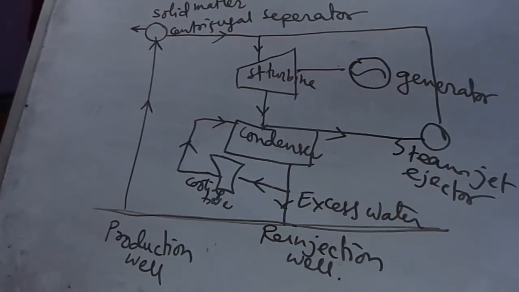The resulting warm water is circulated and cooled in a cooling tower and returned to the condenser. The condensation of steam continuously increases the volume of cooling water. Excess water is re-injected some distance deep into the ground for disposal.